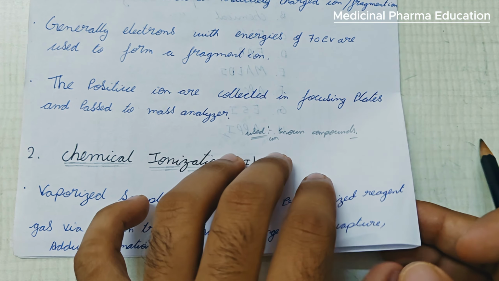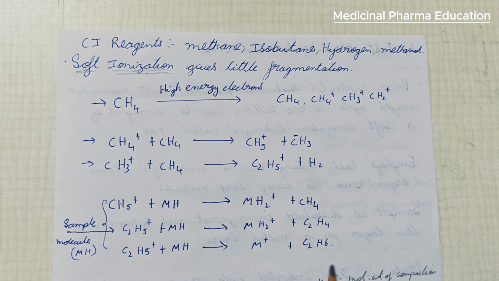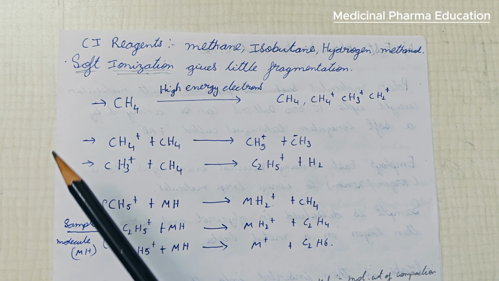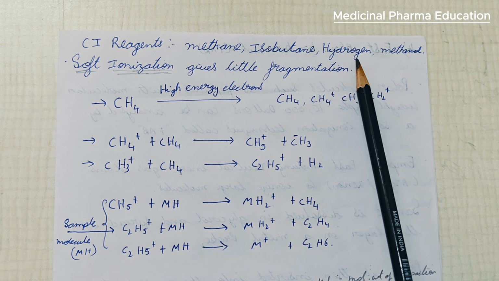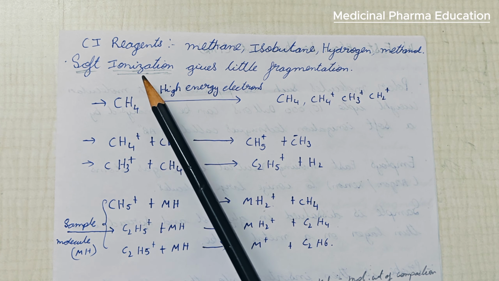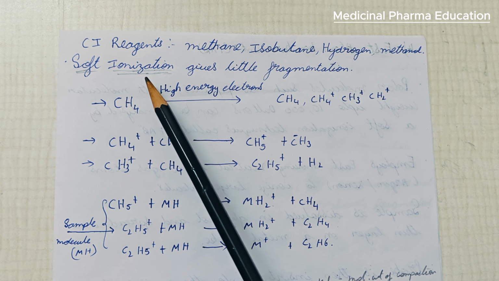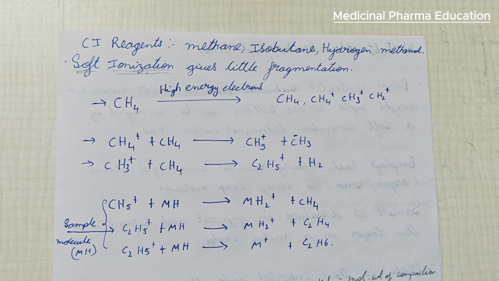We will study them in detail. Here the chemical ionization reagents are methane, isobutane, hydrogen or methanol. These are the different techniques used. Chemical ionization is a soft ionization, which means it produces few fragments.